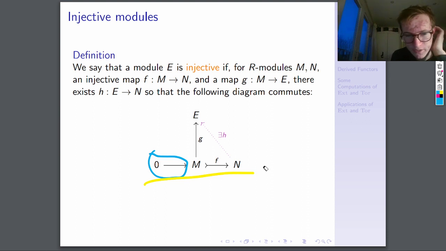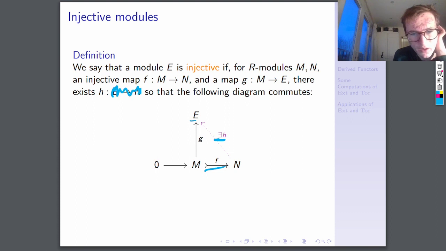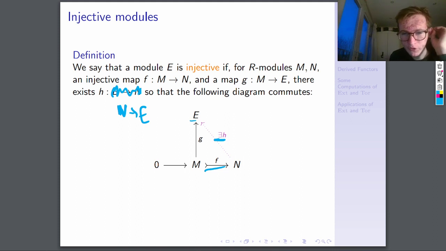We say that E is injective if, for our modules M and N, we have an injective map F and a map G, such that there exists, again not unique, an H such that this diagram commutes. This should not say E to N, I'm pretty sure this should say N to E.